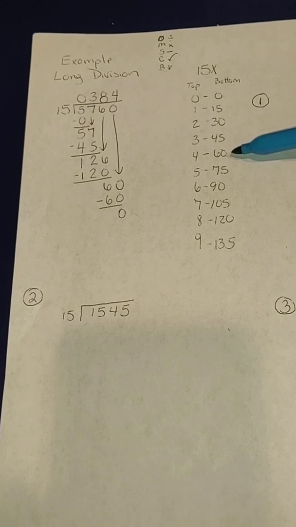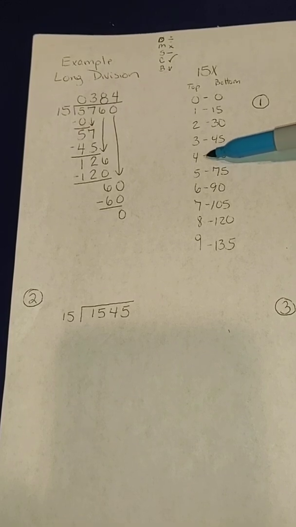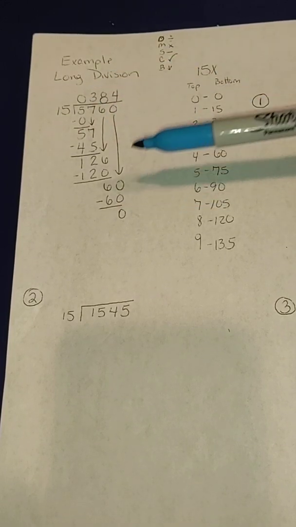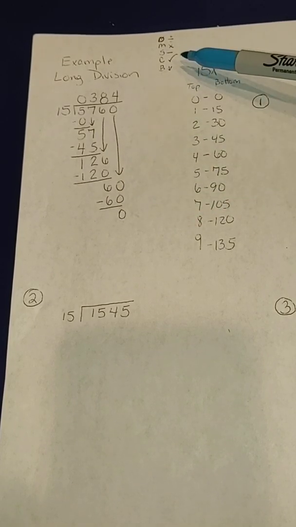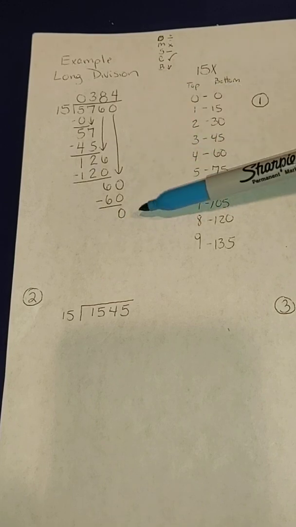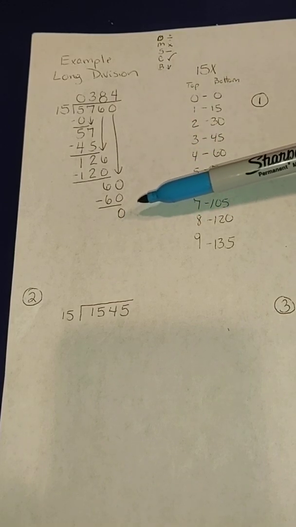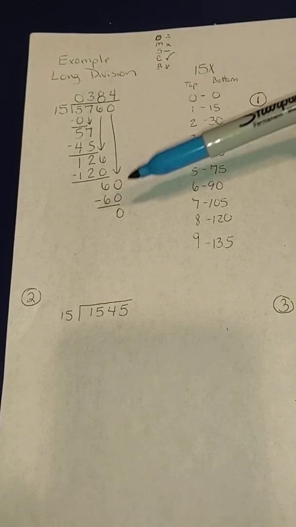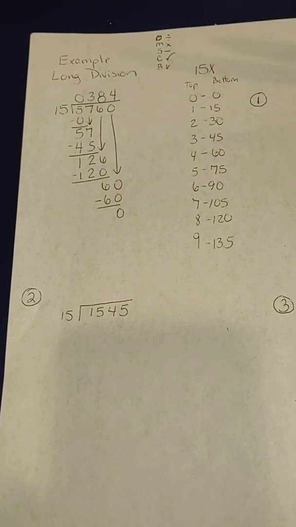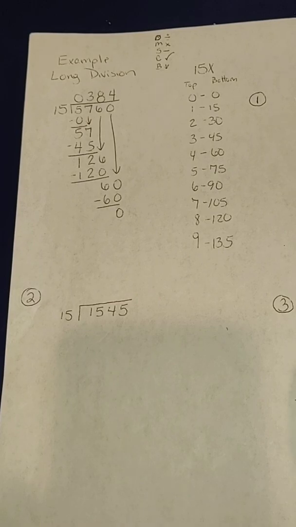So we find one that is 60 or less. So 4 times 15 is 60. Subtract. 0. Check. Yes. Nothing left to bring down. And that's where you always have to stop, when there's nothing left to bring down. And then there is no remainder, so the answer is 384.